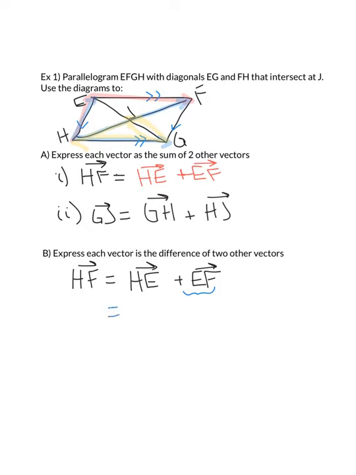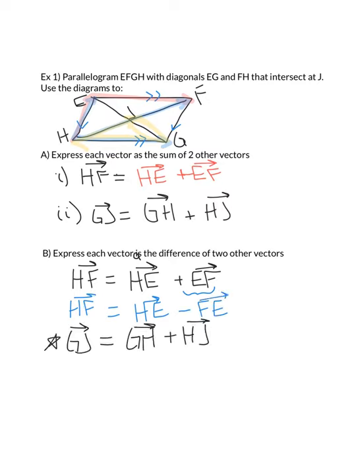So if I want to rewrite this vector HF as a difference, and I just realized that this says "is the difference," not "as the difference." Sorry about that. I can rewrite this as vector HE subtract, and instead of EF, I'm going to say the opposite, so FE.